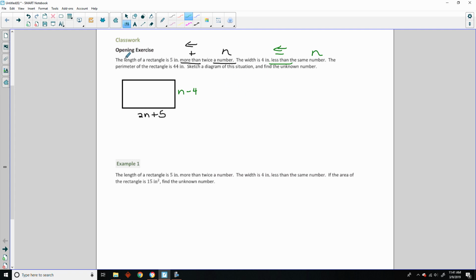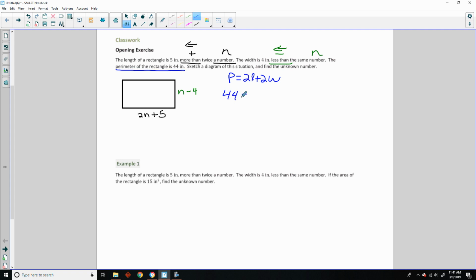Okay. And it says the perimeter is 44 inches. So this plus that equals perimeter. So perimeter's equation is P equals 2 times the length plus 2 times the width. So write a formula, substitute in the givens.